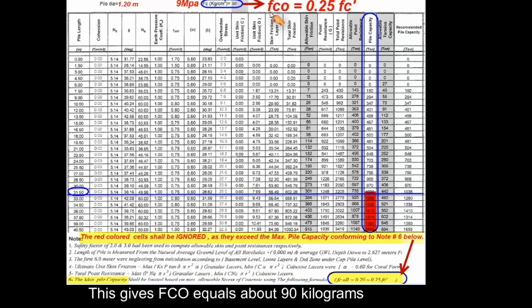This gives about 90 kilograms per square centimeter, where fc' is the cylinder compressive strength. The important thing is that it is about 0.25 of the compressive cylinder strength, as a column. And of course, we do not take the reinforcement component with us. By the way, we only take the axial load component.